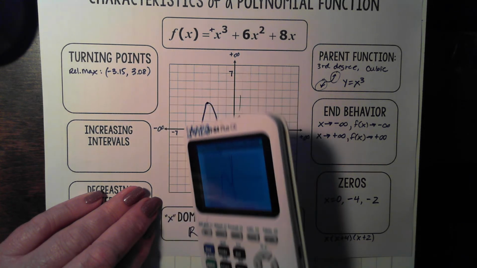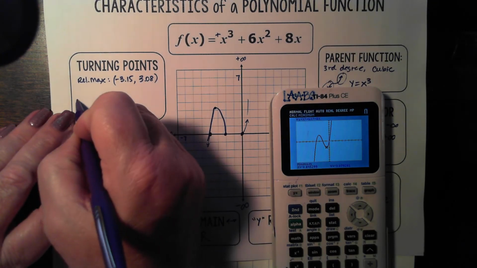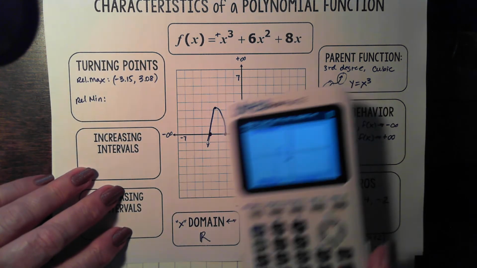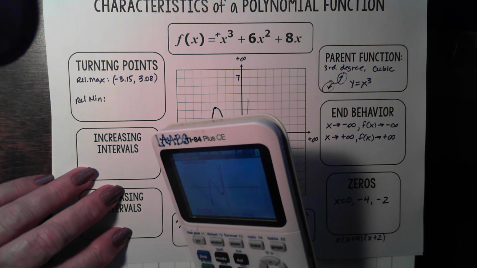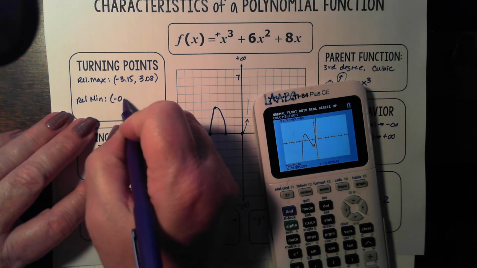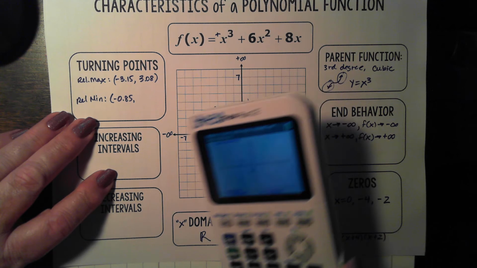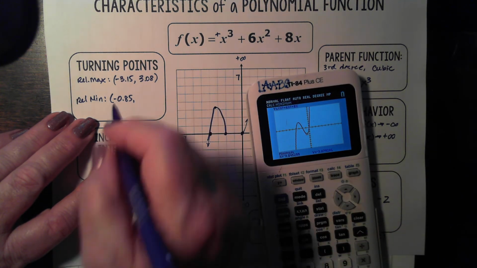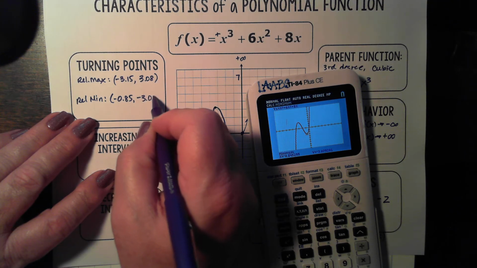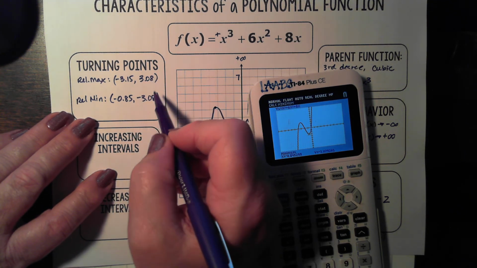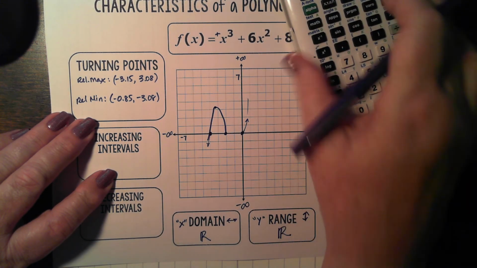And it tells us that our relative minimum, so I'm writing relative minimum, is negative 0.85 and negative 3.08. What's interesting, our relative maximum was at positive 3.08 and our minimum. That's an interesting idea in the function.